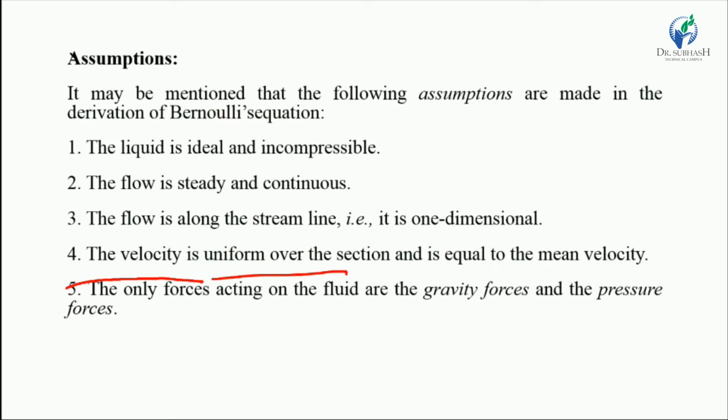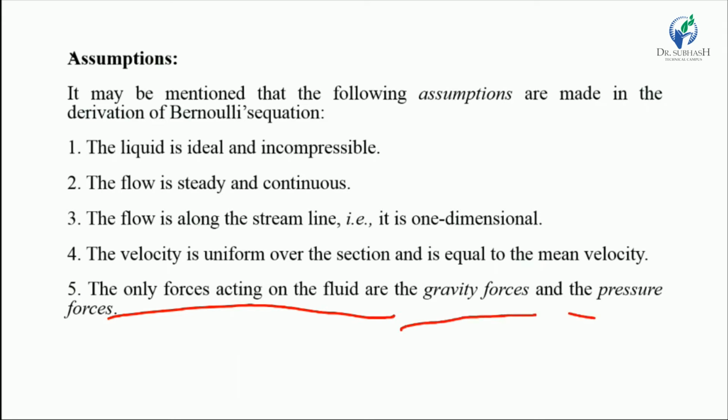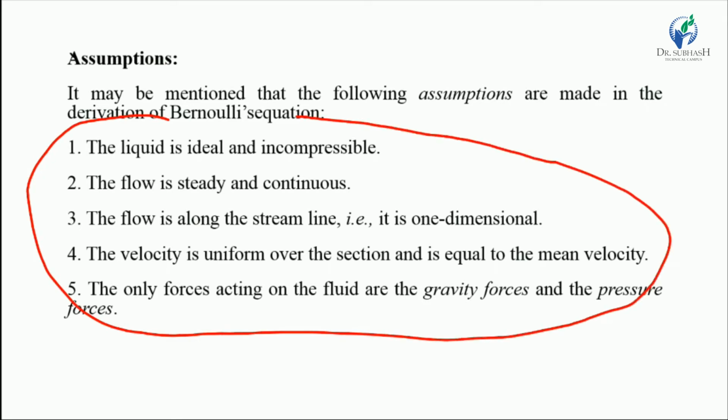Velocity is uniform over the section and equal to the mean velocity. The only forces acting on the fluid are the gravity force and pressure force. Only two forces are considered, losses are not considered.